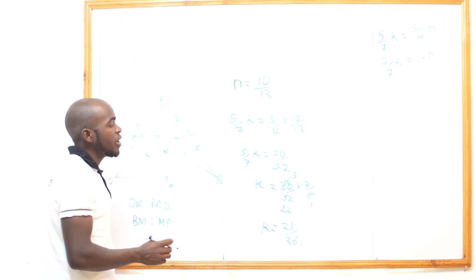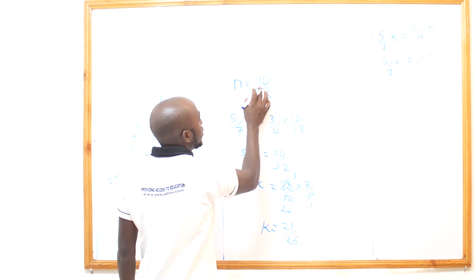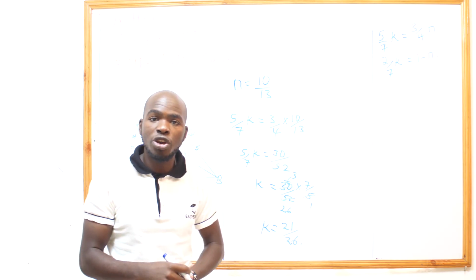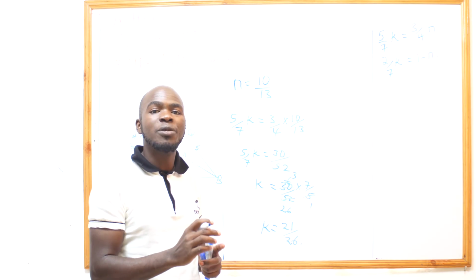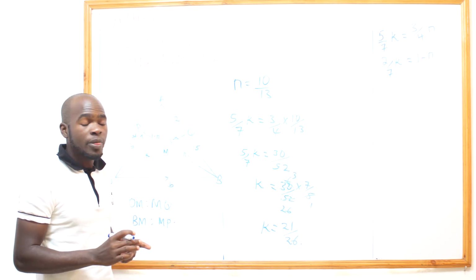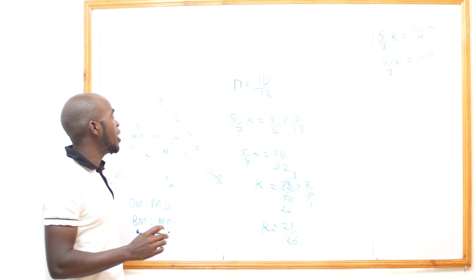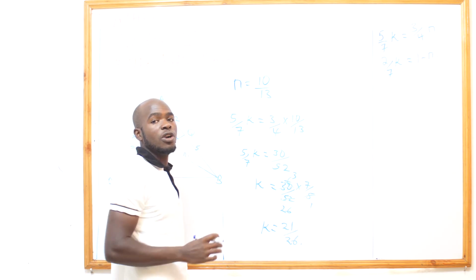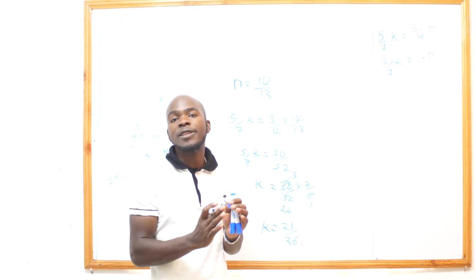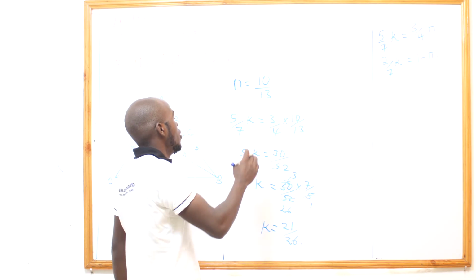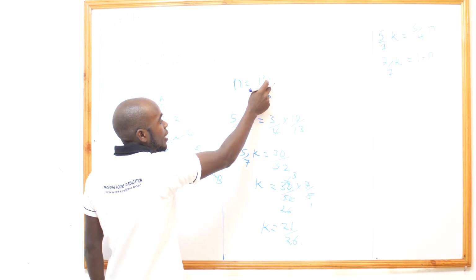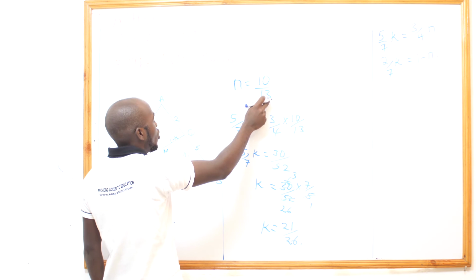So what we shall have here, we have found n is equals to 10 over 13. Remember here in ratio theorem, we say the denominator represents the whole sum of the ratio. So meaning that 13 is the whole sum, but 10 is the part of that line which is represented by n. So n will be 10 over the total ratio which is 13.